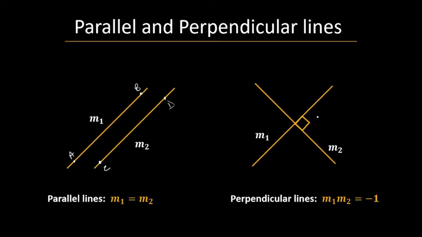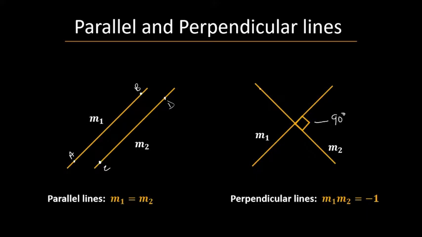Now for perpendicular lines, we have these two lines crossing each other, making an angle of 90 degrees. As you can see over here, we have an angle of 90 degrees. So if we have two lines crossing each other at an angle of 90 degrees, then we can describe those two lines as perpendicular lines.